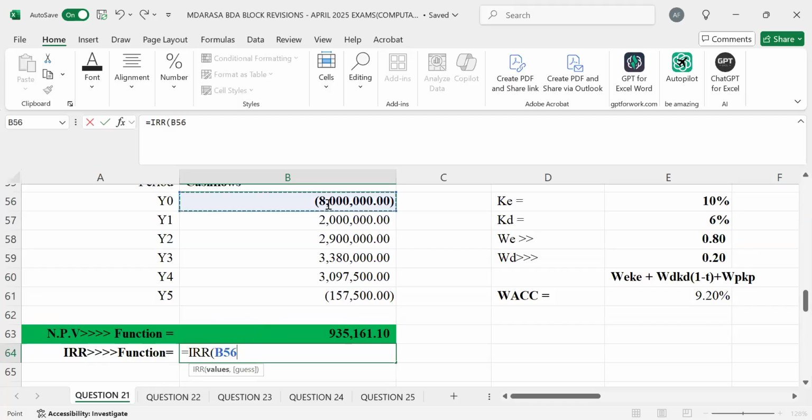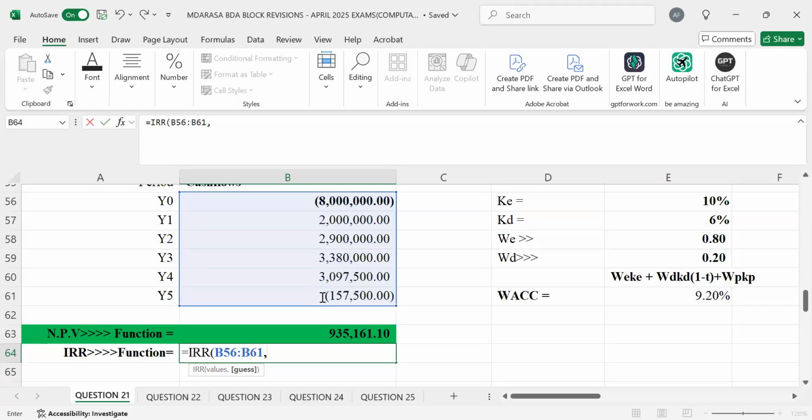So you take all our values here, first of all. So the rate that you're supposed to guess should always be higher than the one that was used to compute what? Our original NPV. In our case, our NPV, we had 9%.